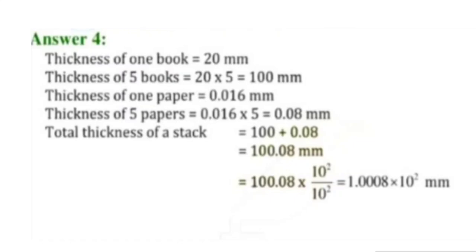Now thickness of 5 books will come 20 into 5, it means 100. Now thickness of one paper is given 0.016. So thickness of 5 papers is 0.016 into 5, it means 0.08. Now total thickness is 100 plus 0.08, so it will come 100.08. Okay. Now when we write in the standard form, it will come 1.0008 into 10 square.